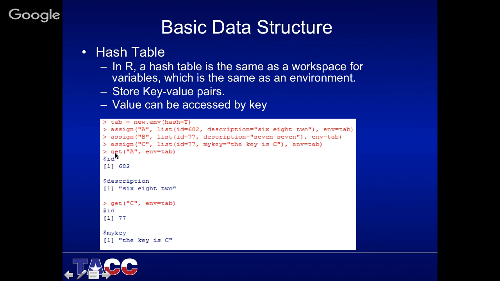So assign and get are the 2 pairs to put something into a hash table and retrieve it from a hash table. To retrieve it, you need to use one of these keys. And then that would bring you back the value, in this case just printing out this whole list that we assigned as the value. And so yeah, this is basically two examples of that.